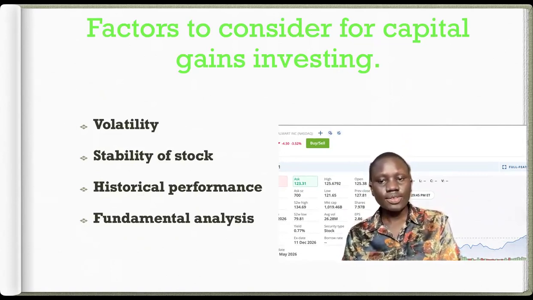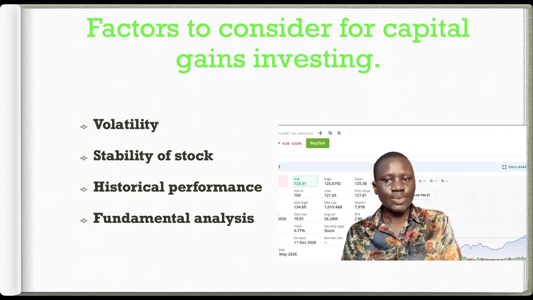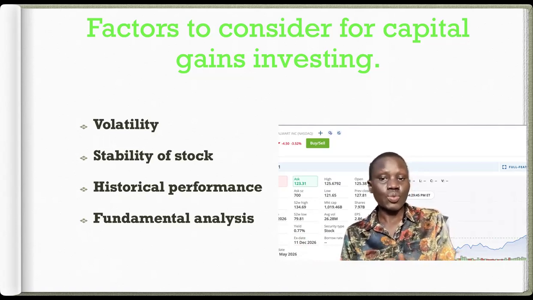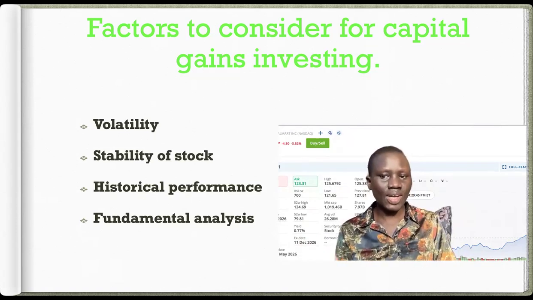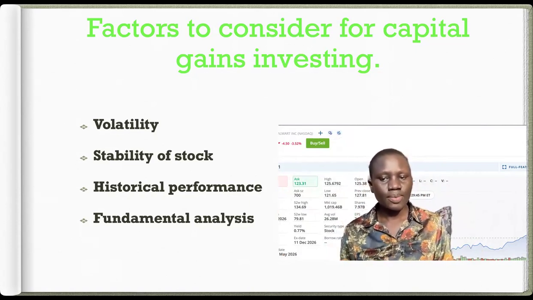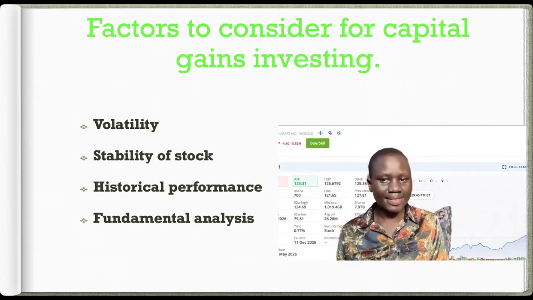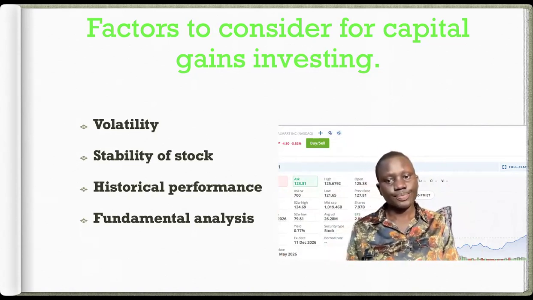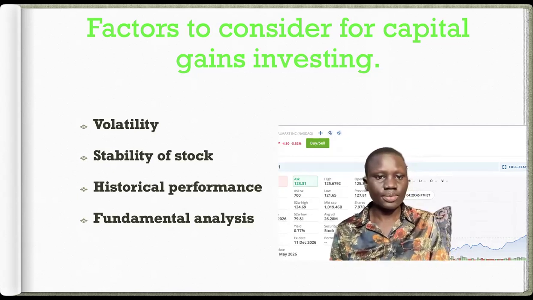We have to look at stocks that are more volatile, because they will be easy to move. We look at the stability of the stocks too. If the stock is more stable, it will be easy to trade, and you're not risking your money if you keep it for the long term.